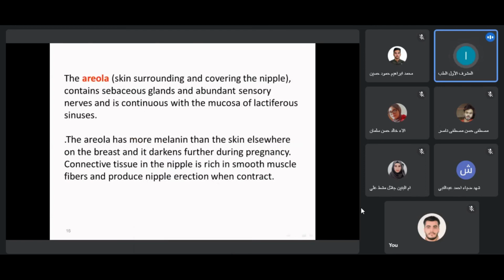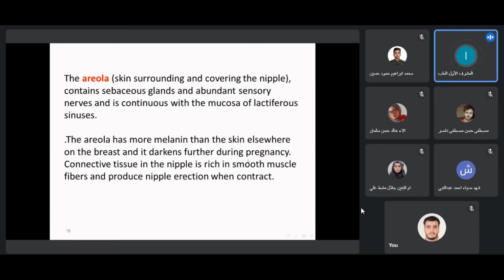The areola, which is the skin immediately surrounding the nipple, contains sebaceous glands and abundant sensory nerves, and is continuous with the mucosa of the lactiferous sinuses. The areola contains more melanin than the surrounding skin, and it darkens further during pregnancy under hormonal influence.